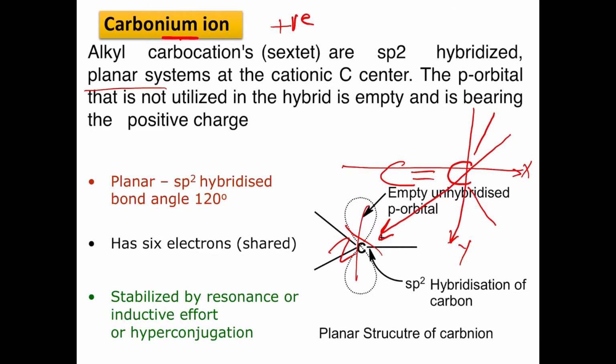As you can see here, the empty orbital of the carbocation is perpendicular, standing on the 3 bonds in the XY plane. So that is the X, that's Y, and the empty orbital is standing on the XY plane.